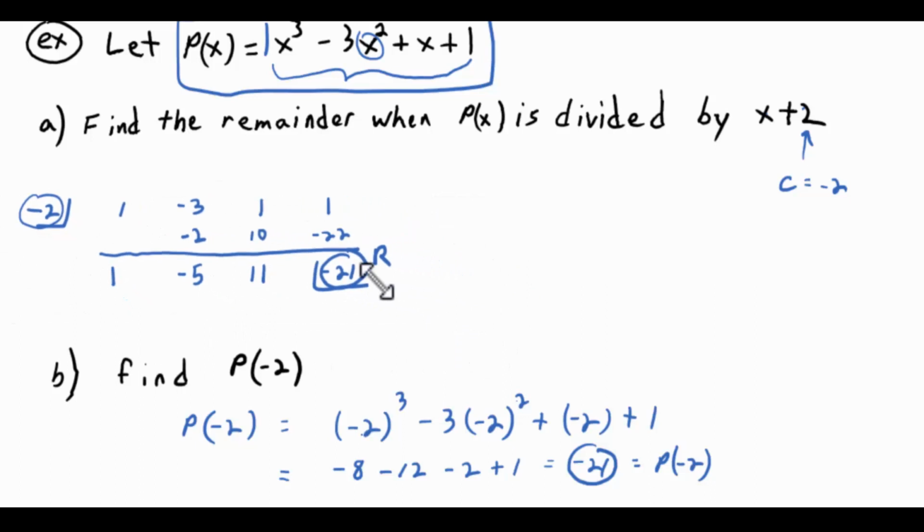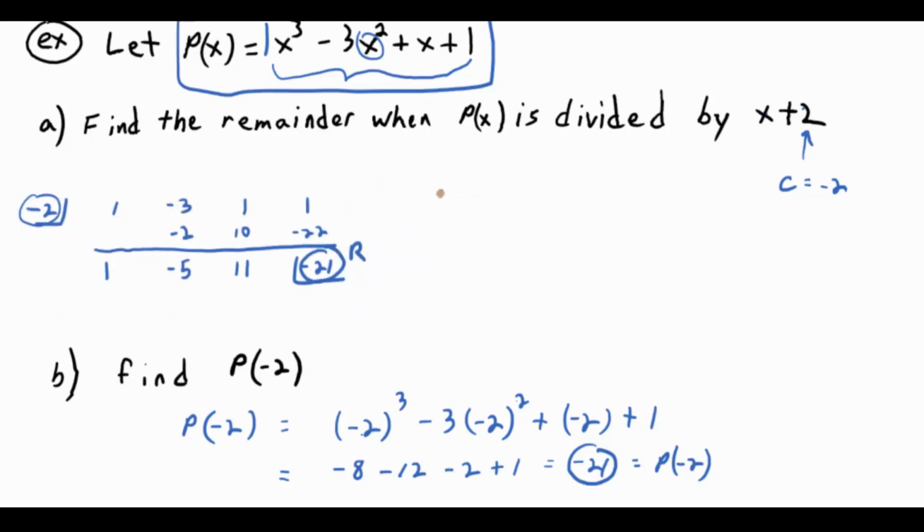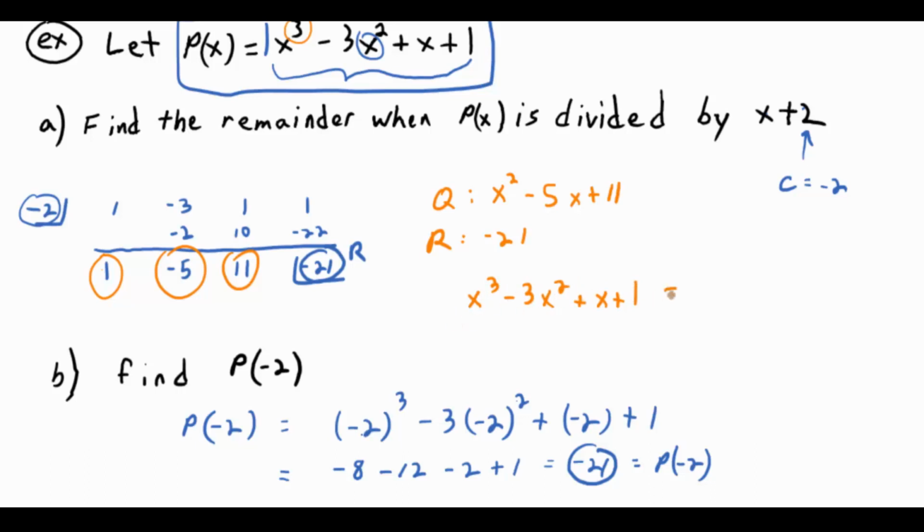Let me shrink this down. Okay, what's the quotient here? It was a degree 3 polynomial we divided into. So these coefficients go with what quotient? X squared, 1x squared, right? Minus 5x plus 11. And we know the remainder is negative 21. So what's the check on division say? The check on division says that the polynomial you divided into, which is P of x, x cubed minus 3x squared plus x plus 1, that's your dividend, right?